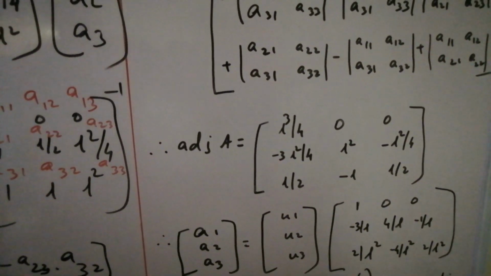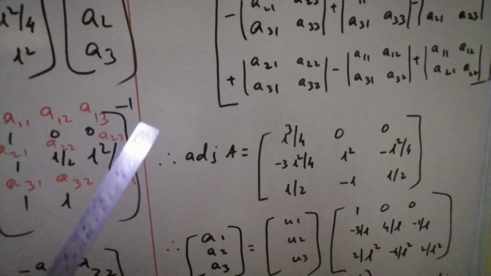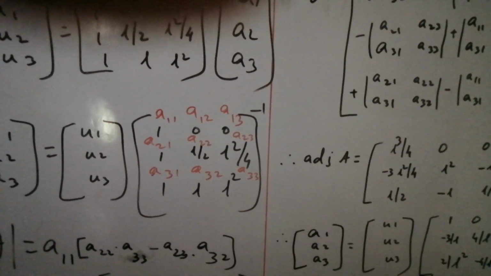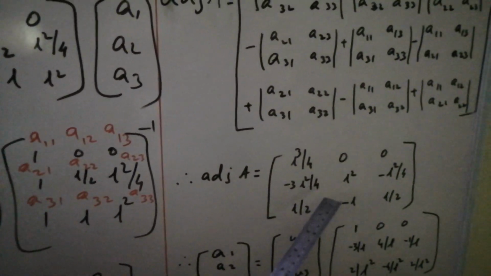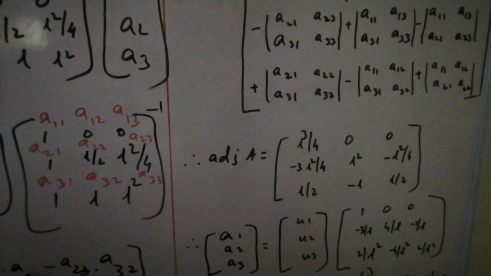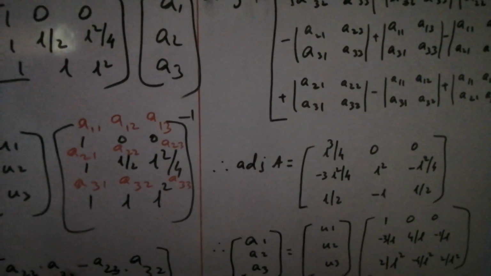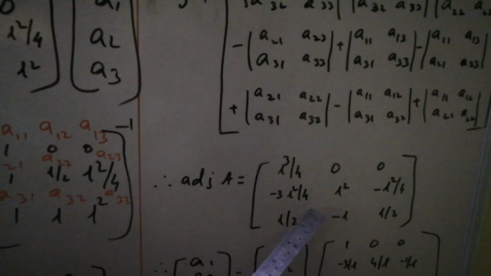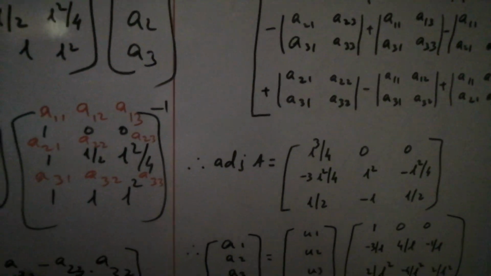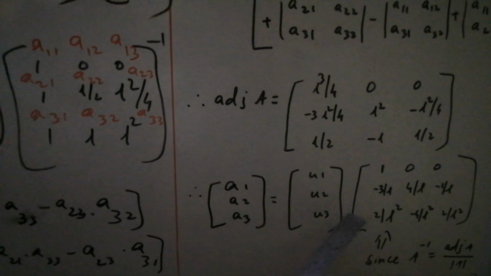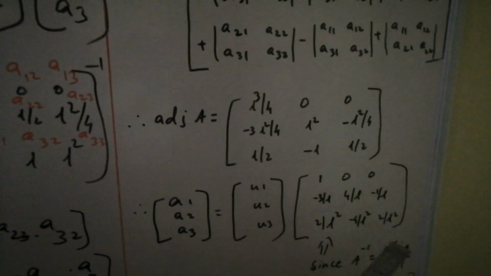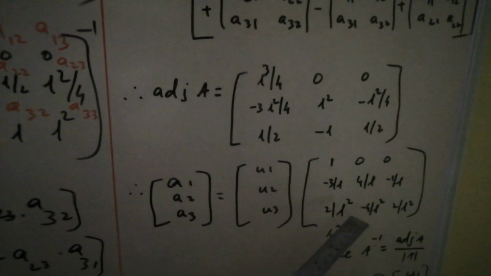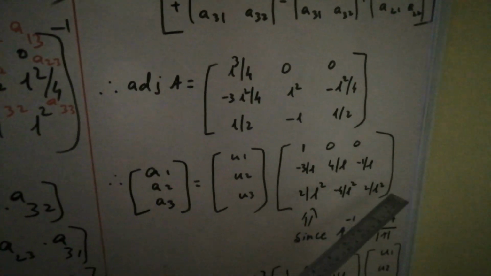And in our equation, we want to find the inverse of A. For that, we want to divide these specific terms with determinant A, that is L cube by 4, which we have already found. While dividing by L cube by 4, we will get A1, A2, A3 equal to U1, U2, U3 into 1, 0, 0, minus 3 by L, 4 by L, minus 1 by L, 2 by L square, minus 4 by L square, 2 by L square.